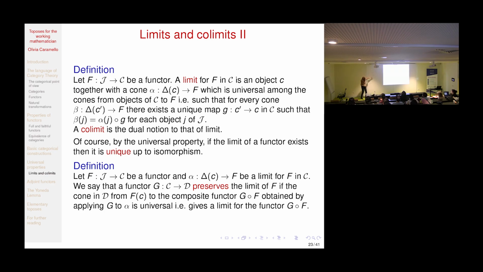Instead of having arrows from this to the objects of the diagram, you have arrows going in the other direction. And also, the arrows connecting the vertices of the cone should go in the other direction. So remember that when you go from a category to the dual one, you keep the same objects, but you reverse the arrows.